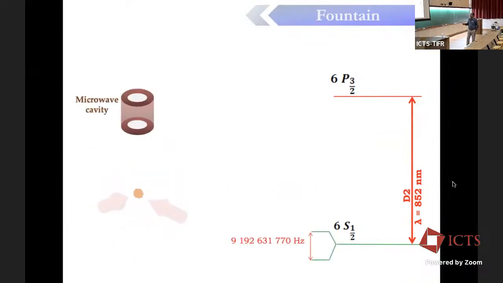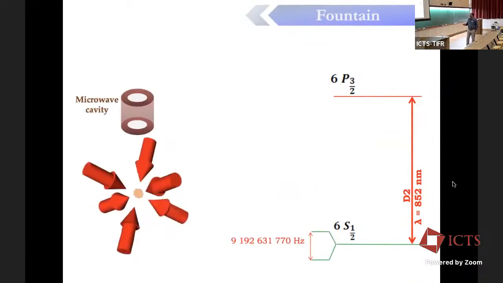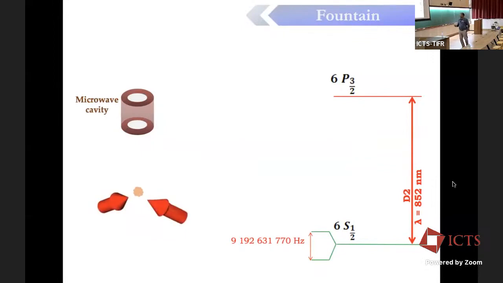This is the cesium atomic beam. So first, using the magneto-optical trap, you collect millions or billions of cesium atoms. It's an ensemble, a cesium cloud, cooled to 30 microkelvin or so. Then you give a little kick to these atomic balls upwards, and these atoms go upward through a microwave cavity.